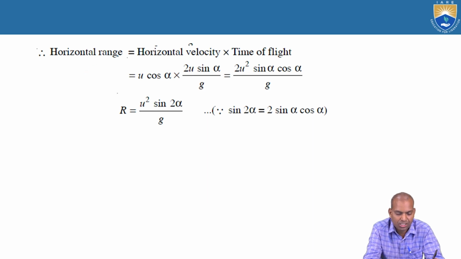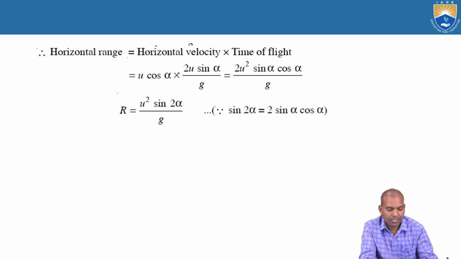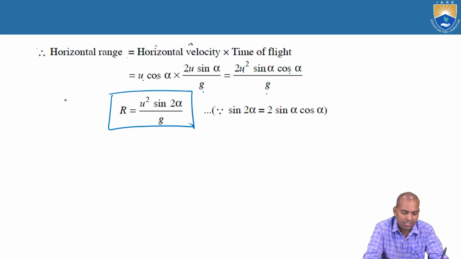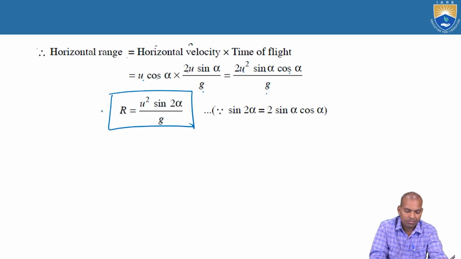The horizontal distance equals horizontal velocity times time of flight. The horizontal velocity is u cos alpha, times 2u sin alpha by g. So we get 2u square sin alpha cos alpha by g, that is u square times 2 sin alpha cos alpha, which is sin 2 alpha, by g. So u square sin 2 alpha by g is the horizontal range. This is the expression for horizontal range.